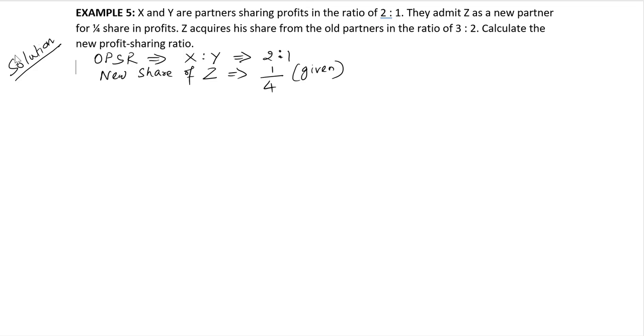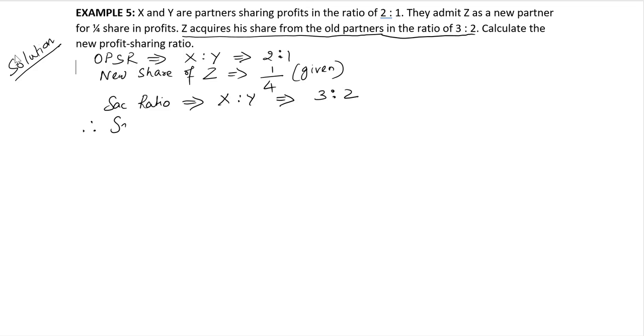Now this sentence says that Z acquires a share from the old partners in the ratio of 3:2. So the sacrifice ratio between X and Y is equal to 3:2.